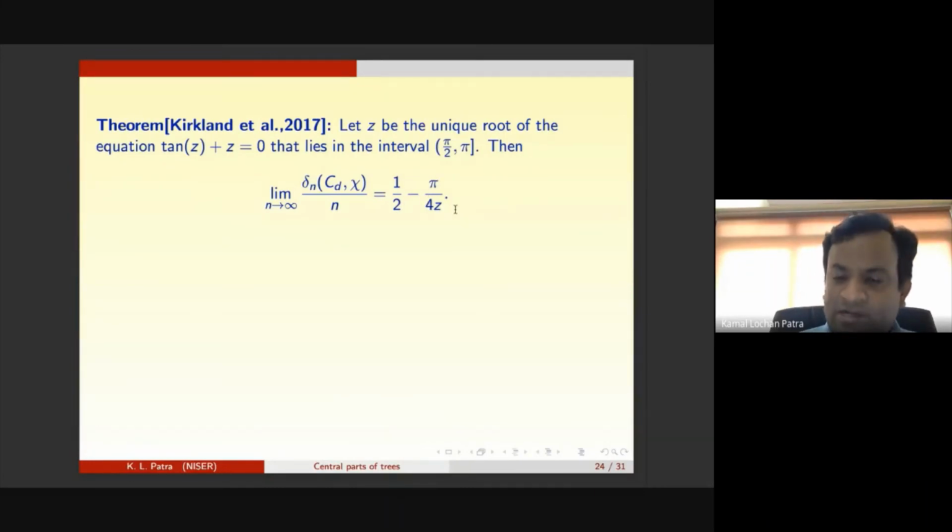But for center and characteristic set, even this is a little trickier, since we don't know exactly which tree maximizes this.